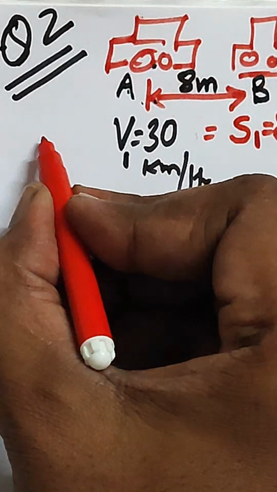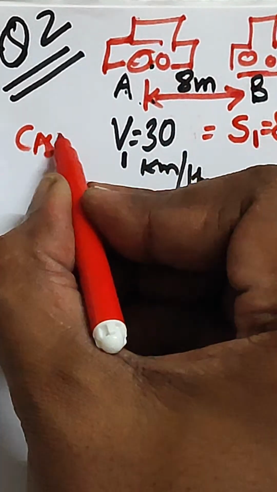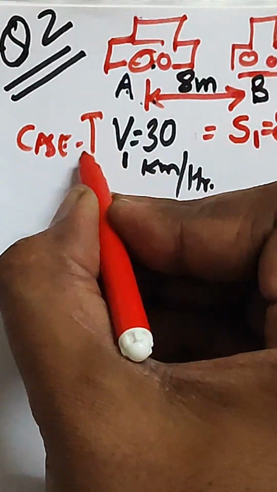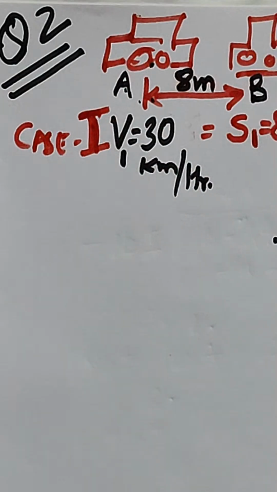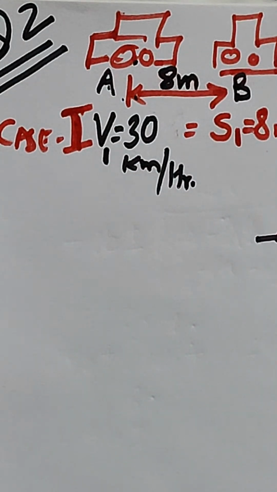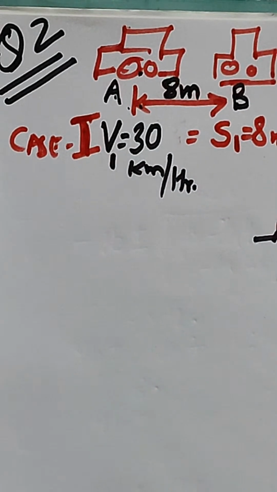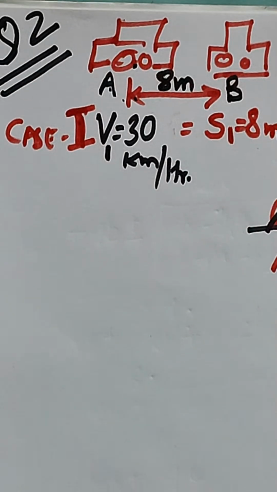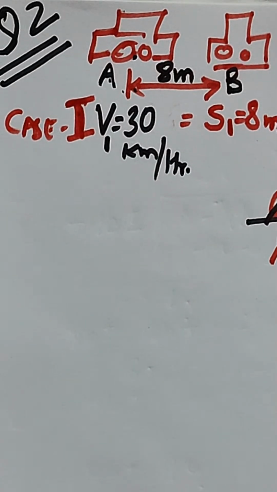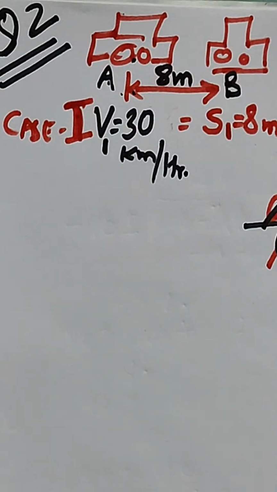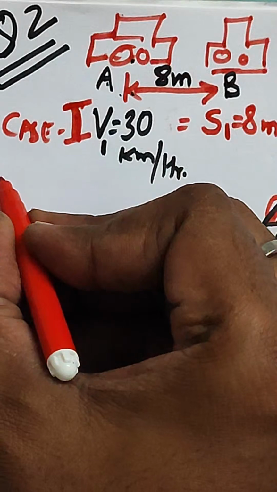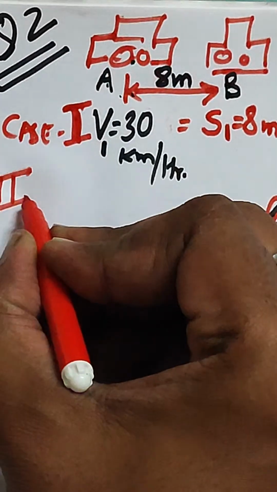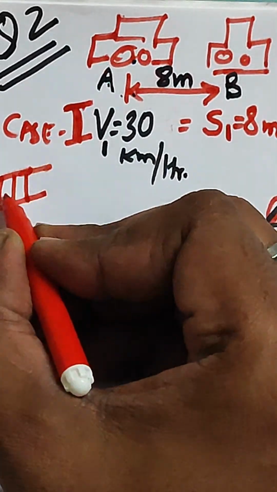So two figures are given for case 1, when velocity and distance are given to you. This is case 1. Now in case 2, in scenario 2, what is happening?